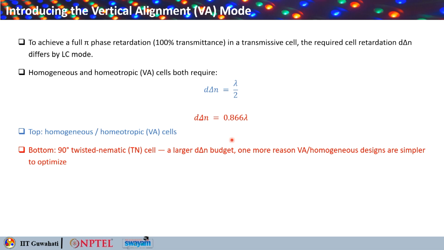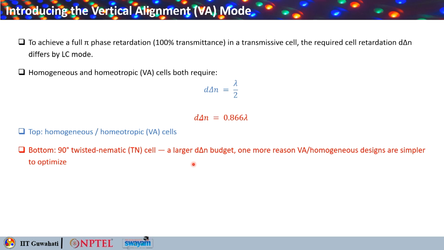Here, the twisted structure basically guides light differently through the Gooch-Tarry or the Mauguin regime, and they basically require a larger retardation margin. That's why this relationship for 90-degree twisted nematic is different. The first one, as I mentioned, is for the homogeneous or homeotropic vertical alignment cells. The second one belongs to the 90-degree twisted nematic cells.